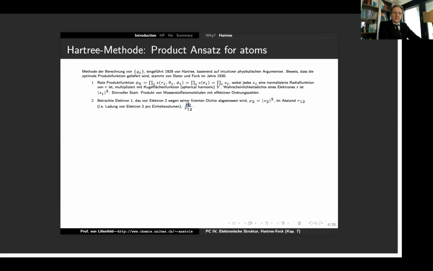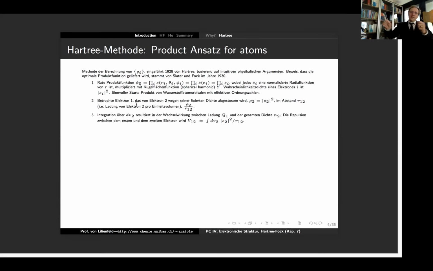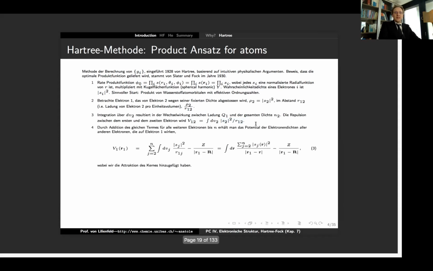So this is the repulsion, and if you integrate over the entire volume of electron 2, then you get the interaction between your electron 1 and the entire electron density of electron 2. And this means it's basically this term here, the integral over dV2 times this Coulomb potential.